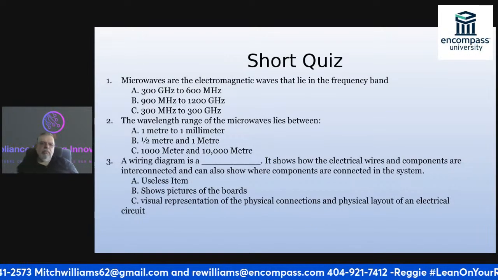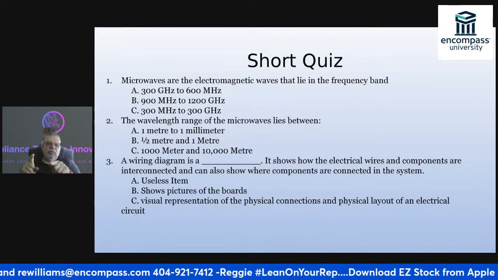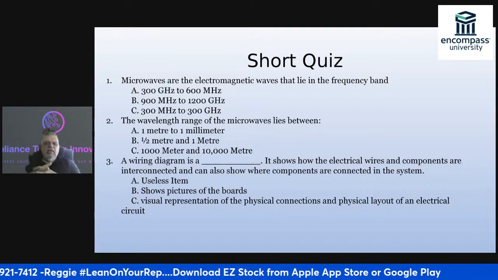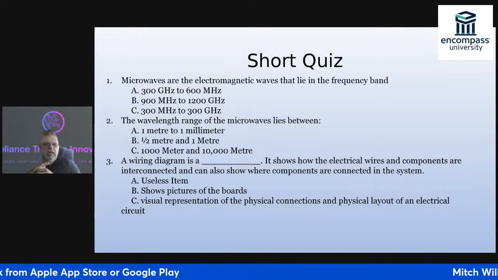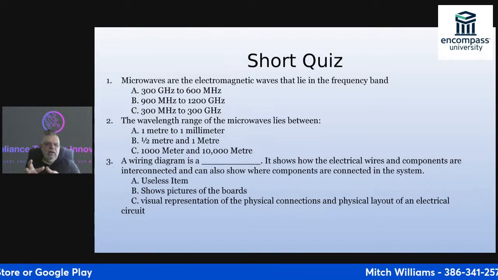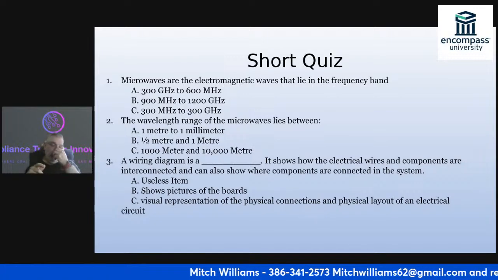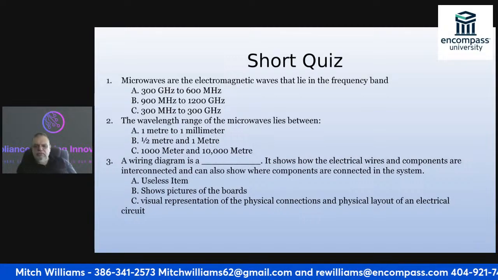Switch. Okay. So our last quiz: microwaves are electromagnetic waves that lie in the frequency band of 300 gigahertz to 600 megahertz, 900 megahertz to 1200 gigahertz, or 300 megahertz to 300 gigahertz.